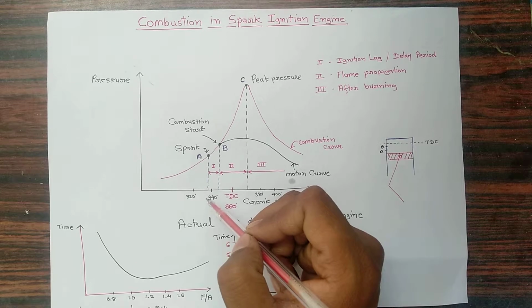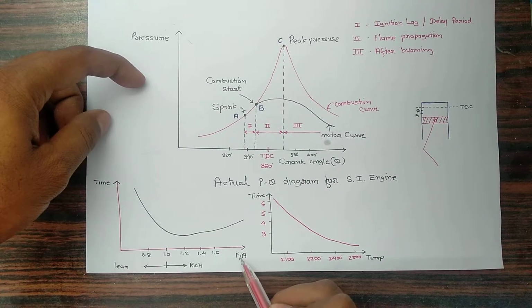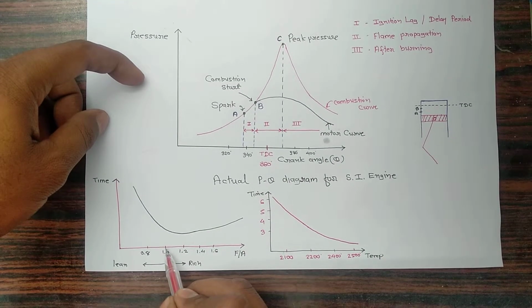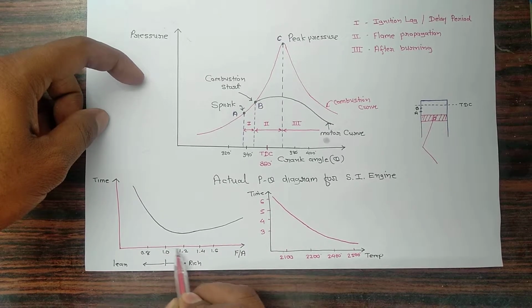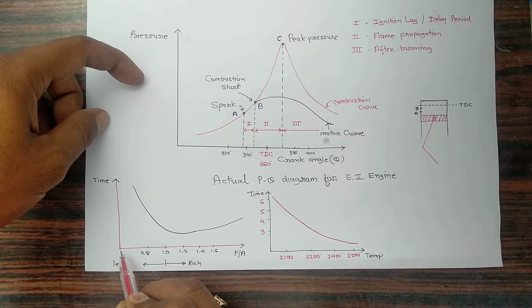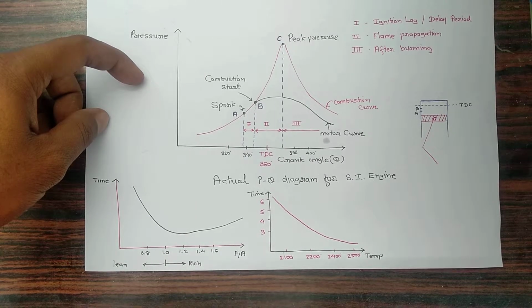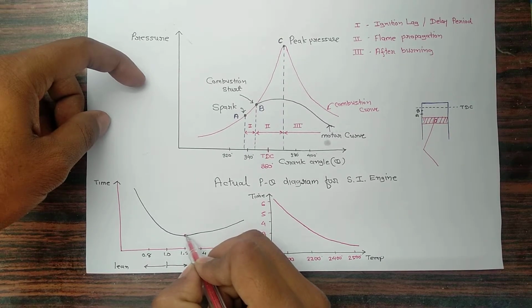The second factor is the air fuel ratio. Here we can see in this graph the fuel air ratio. One means the stoichiometric mixture. Beyond this point the mixture becomes a rich mixture, and in this region the mixture becomes a lean mixture. The minimum time required is at exactly 1.2.